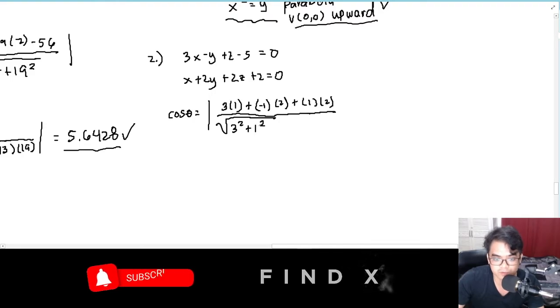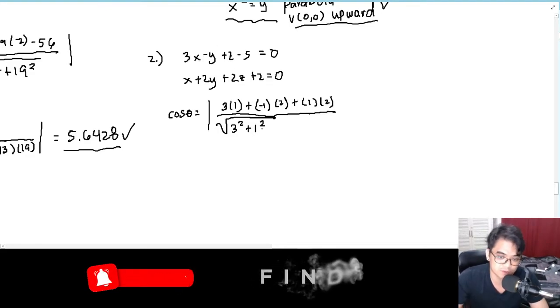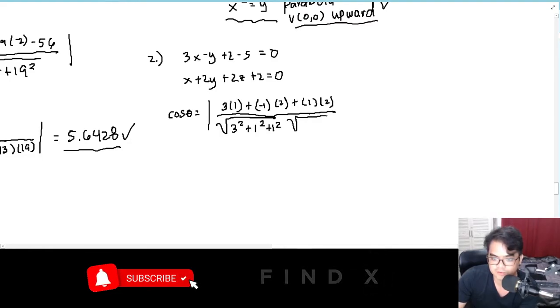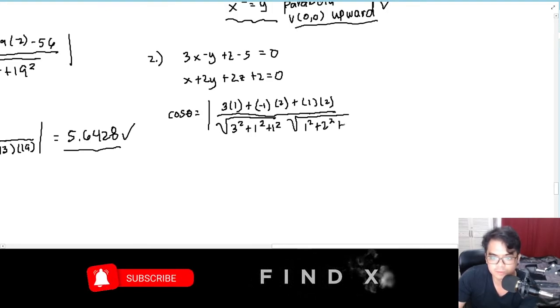Okay, so this actually only 1. You can also put a negative 1, but since it will be squared, the negative will just be positive. Okay, and then plus 1 squared, and then times another square root of the second plane, which is 1 squared plus 2 squared plus 2 squared.